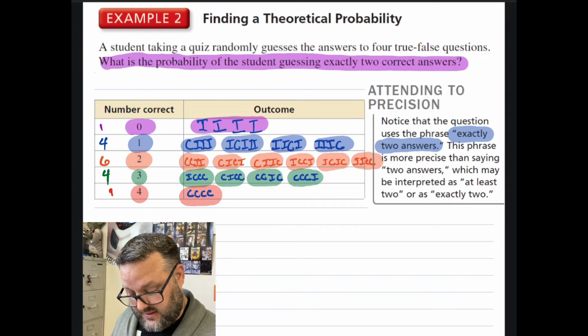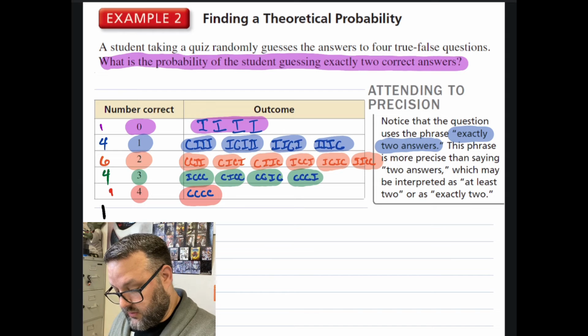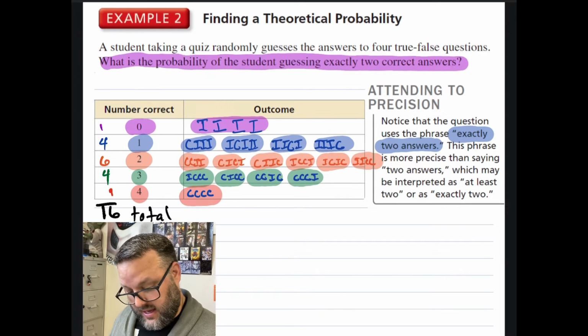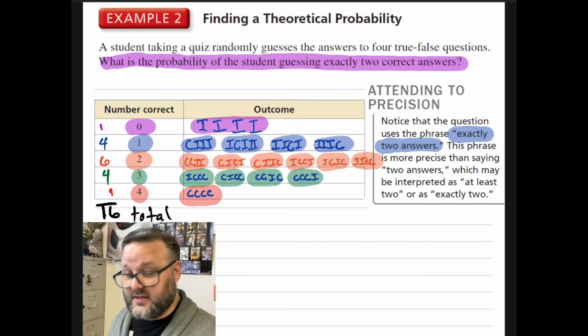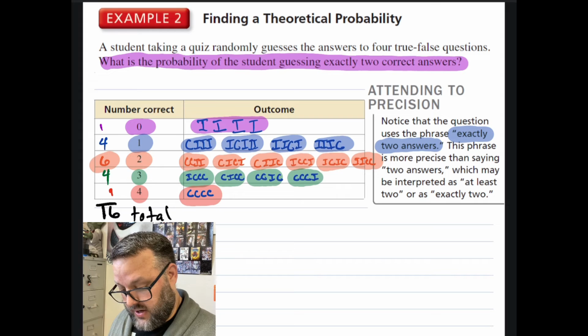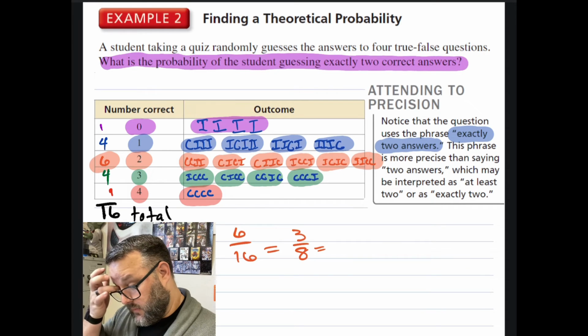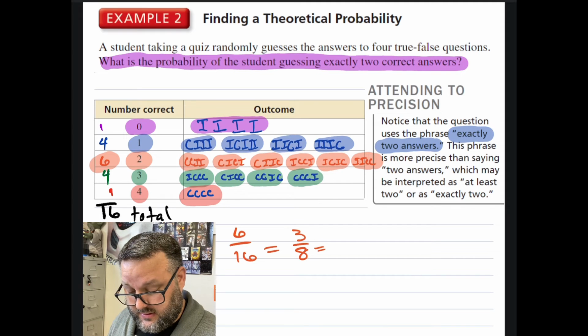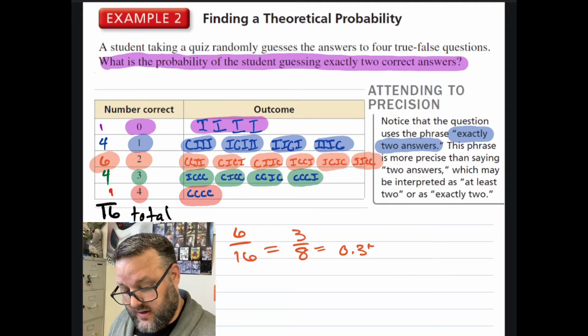There are 16 total possibilities, and 6 of those possibilities is what I want to be true. So I'm going to compare my 6 to that 16, and I'm going to get 3/8, which in total is 0.375.